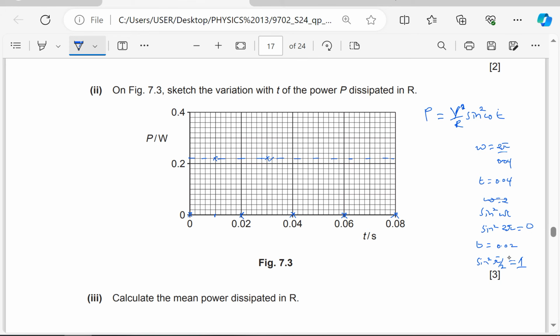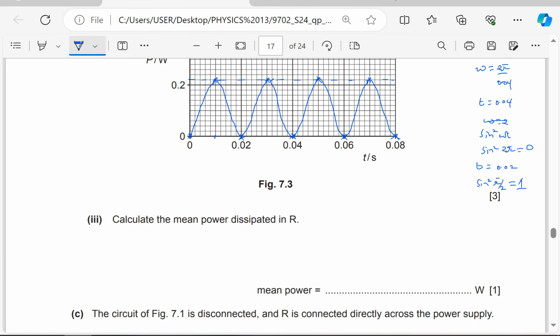Okay, so the graph of power is going to be just like this. So that will be the graph for power.